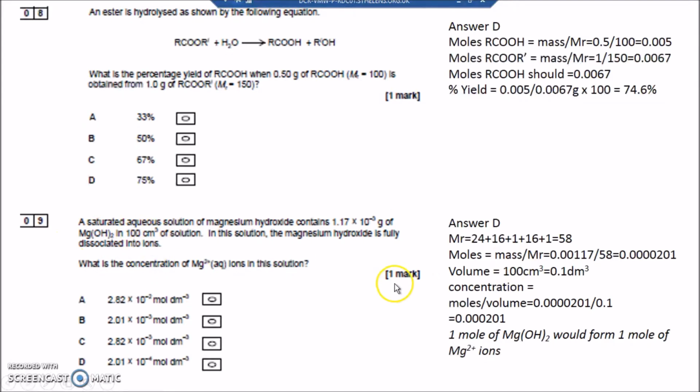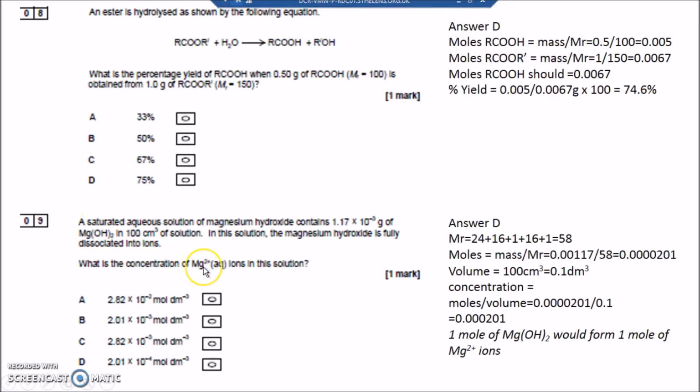I've got 100 centimeters cubed of solution. To go from a smaller unit into a larger unit like a decimeter cubed, divide by 1000, so 0.1 decimeters cubed. So my concentration of magnesium hydroxide is the number of moles divided by the volume, 0.000201 divided by 0.1. Now, in magnesium hydroxide there's 1 Mg, and so 1 mole of Mg will produce 1 mole of Mg2+ when it dissociates into its ions.